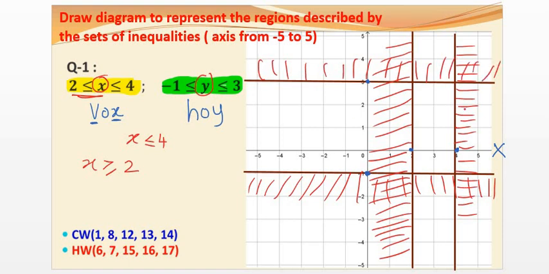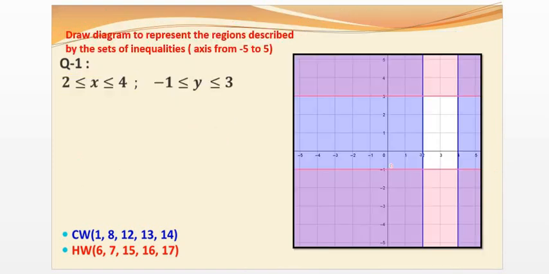So all this is the unwanted region, and this region that is unshaded is the area that we are looking for. Let me show you here. Here is the better picture for it. So clearly you can see how it is shaded, right? The pink color is showing this inequality, and the blue color is showing the other inequality, the one that is in x. Clear?